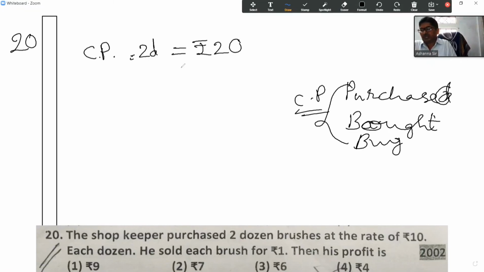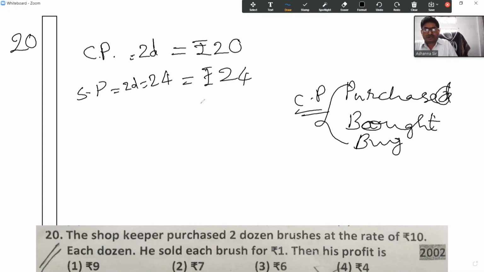He sold each brush for 1 rupee. So selling price, sold means selling price. 2 dozens means 2 12s are 24 articles. So 24 articles, 24 ones are 24 rupees. So here profit is 4 rupees.